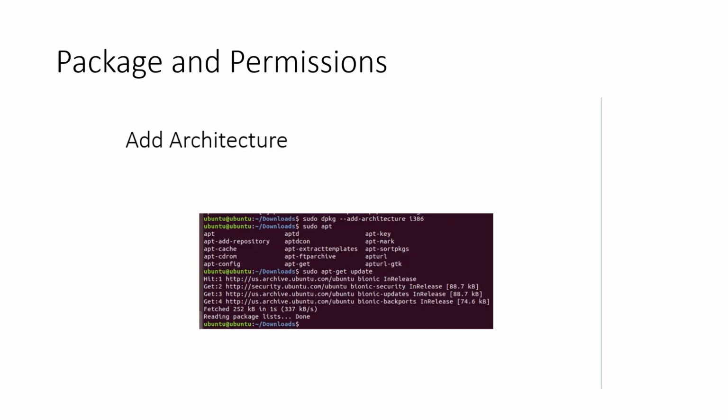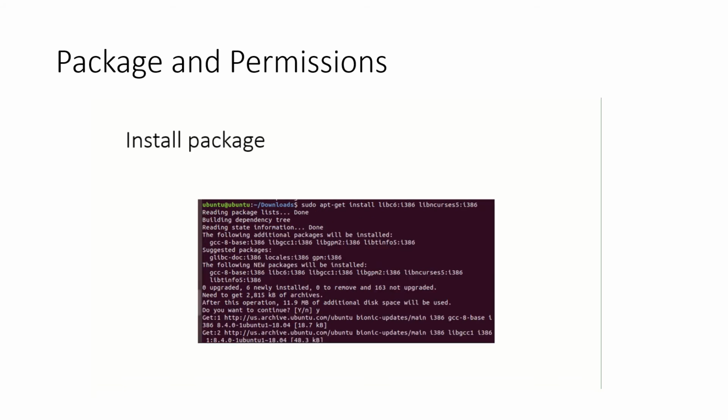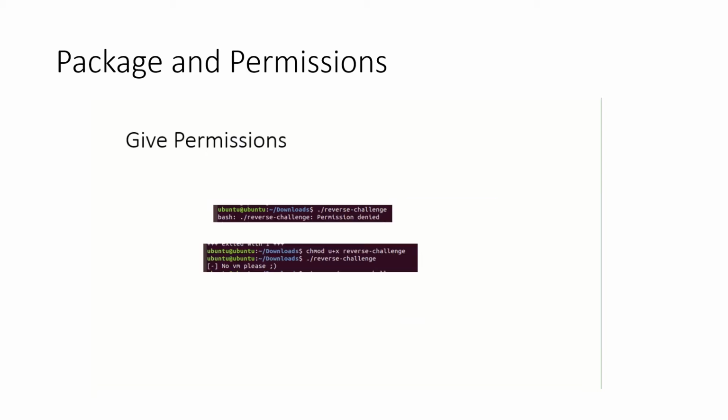Add the architecture i386, and then we have to run sudo apt-get update, and after updating we need to install the package libc6:i386, and then click yes so that we continue. Then, when we run the command ./reverse_challenge, there is actually no permission given to this file.